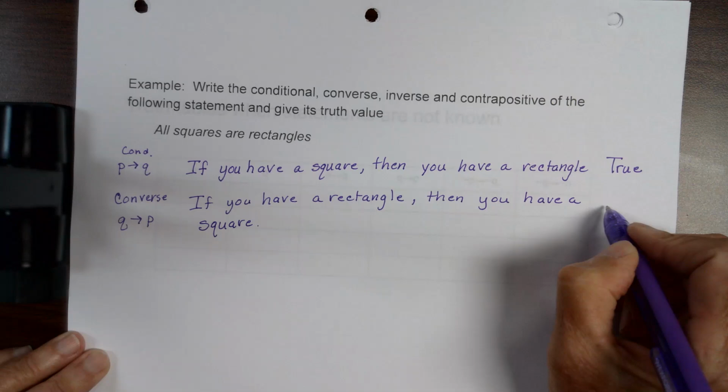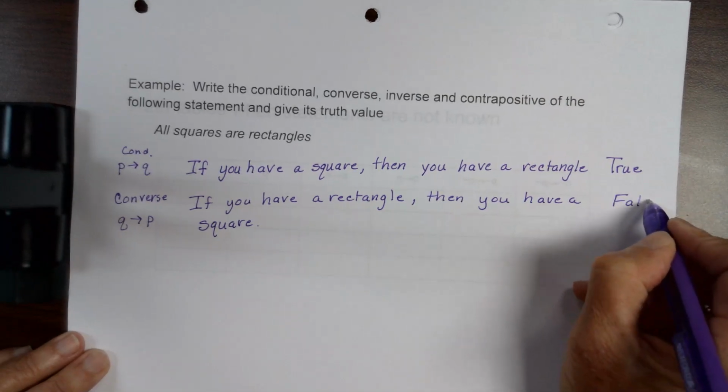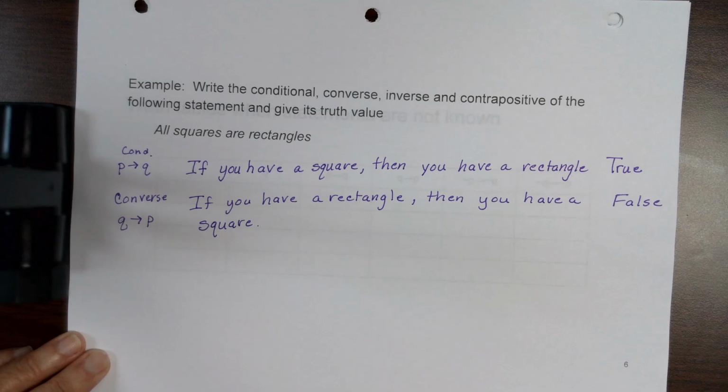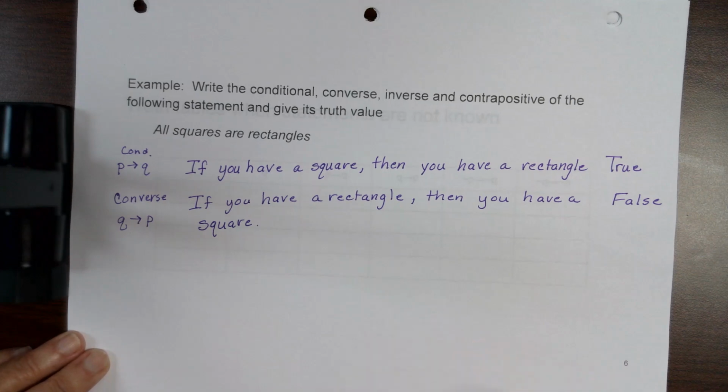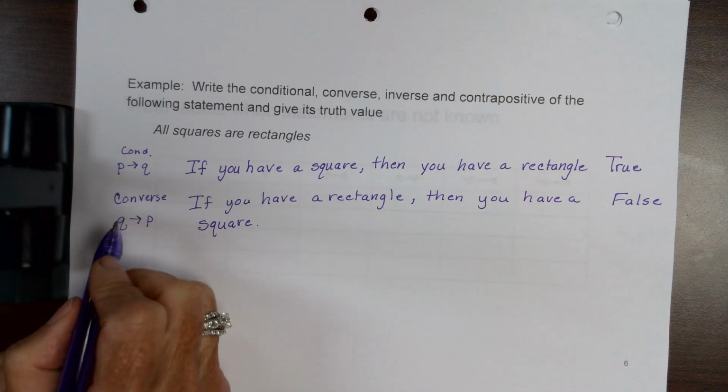And the truth value here is false because not every rectangle is a square. So I can have a rectangle and have it not be a square.